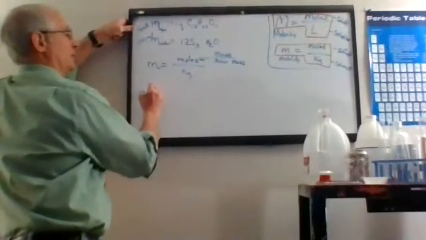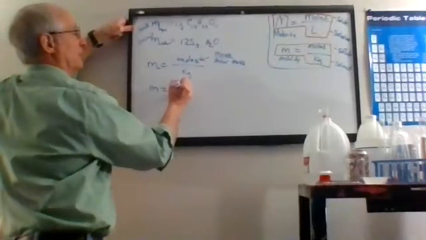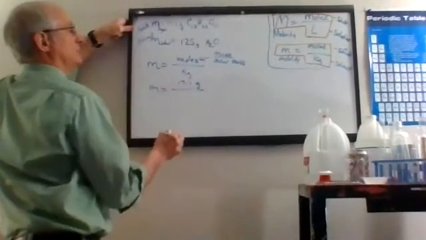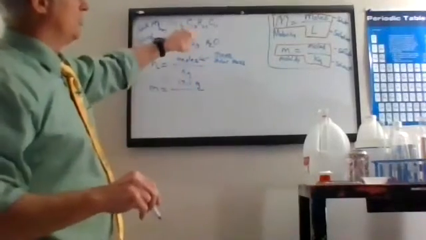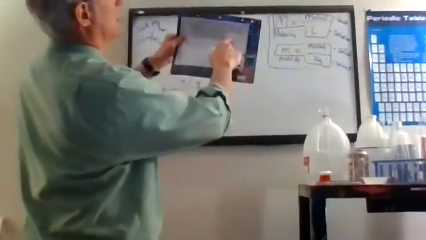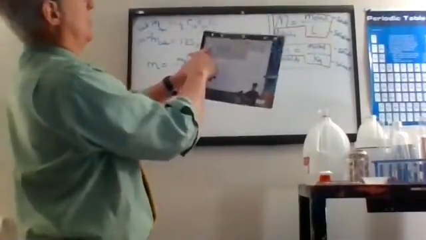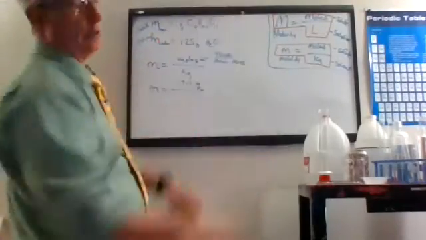You could express it as molality is mass over its molar mass of sugar. Add that up: 12 times 12 plus 22 times 1 plus 11 times 16.